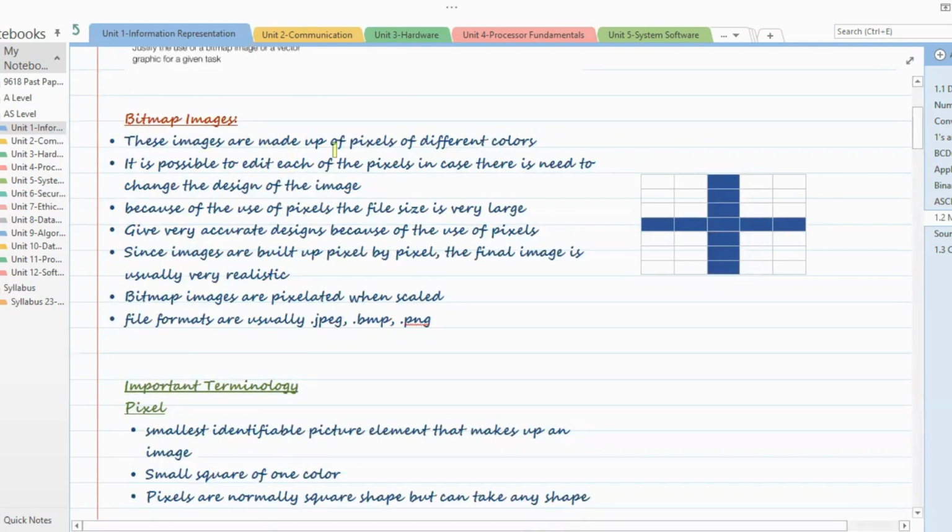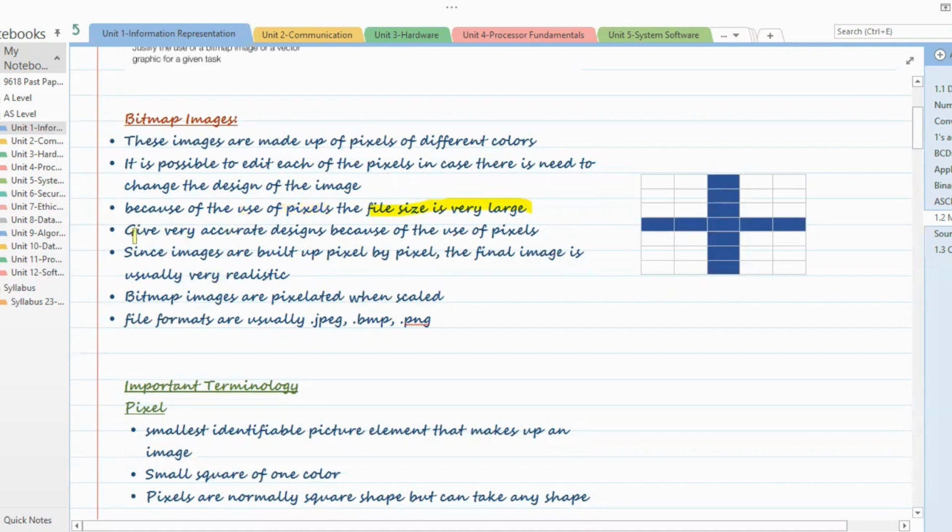It is possible to edit each of the pixels in case there is a need to change the design of the image. So you can change the design of the image just by changing individual pixels. Now, because pixels are used, the file size is very large.